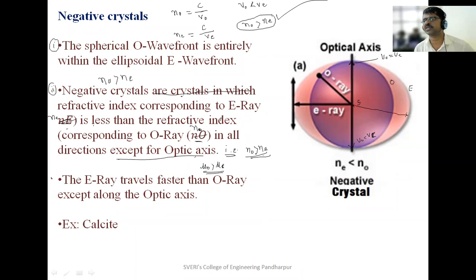In this direction, velocity of which ray is greater? Extraordinary ray. V is greater than V0, except along which axis? Optic axis. Write it: the extraordinary ray travels faster than ordinary ray.